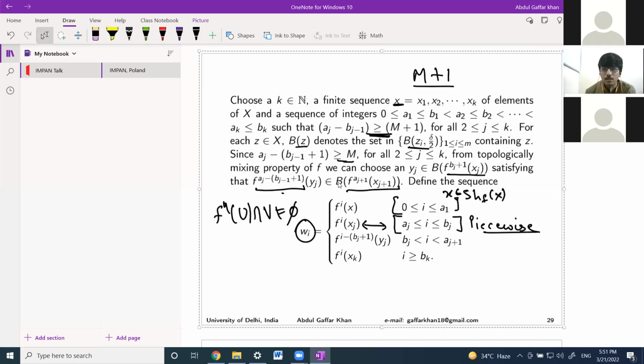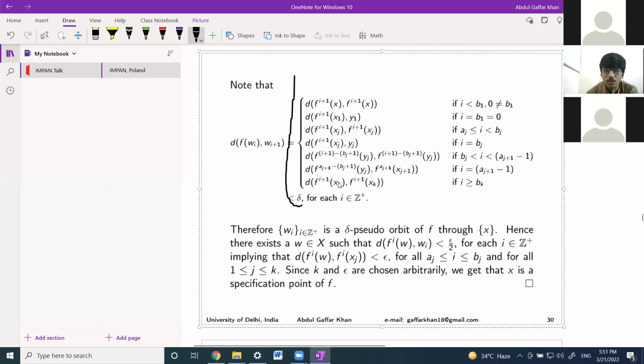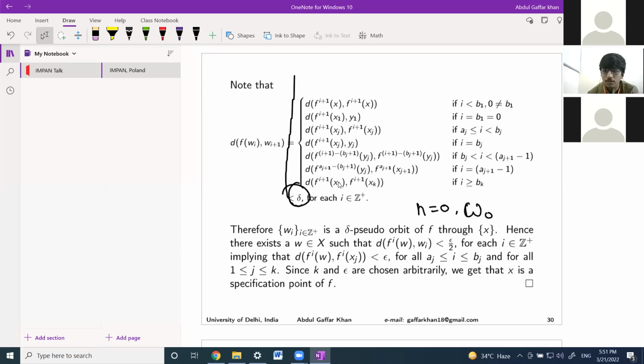Using some simple calculation, we can observe that this will form a delta pseudo orbit. This will form a delta pseudo orbit starting at n equal to 0, where w_0 is nothing but X. So this forms a delta pseudo orbit through X, and we assume that every delta pseudo orbit through X can be traced.